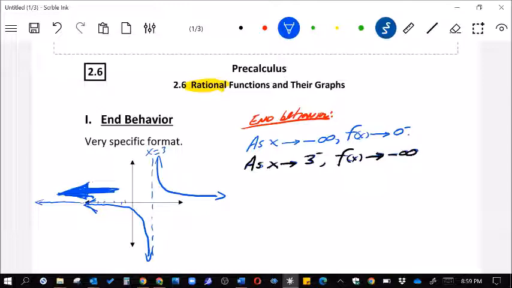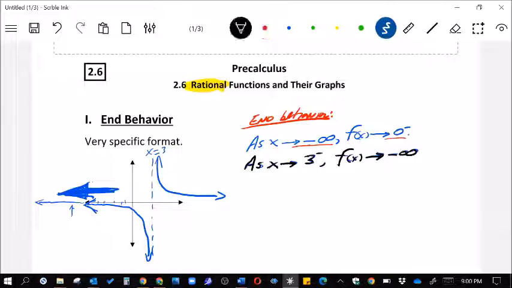The function is getting closer. It's going up like this. It's getting closer and closer and closer to 0. So as x goes out towards negative infinity, the function gets closer to 0, but it gets to 0 from below. That's what the minus means, coming up to it from below.